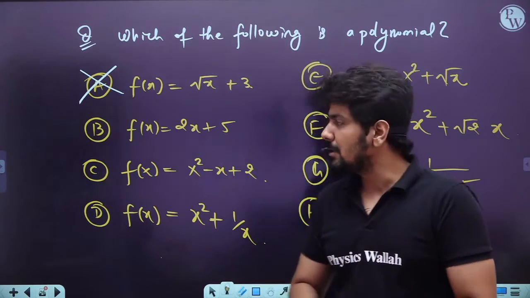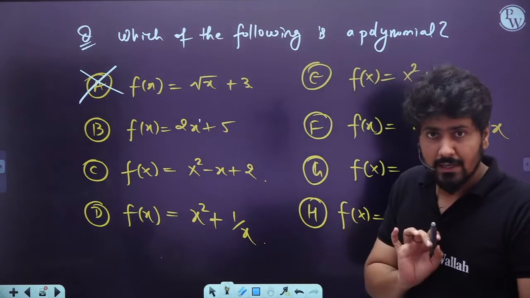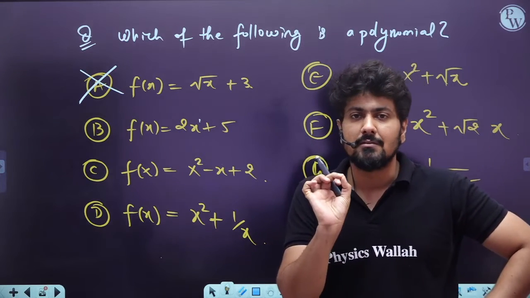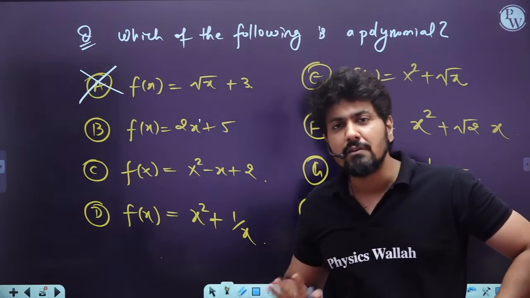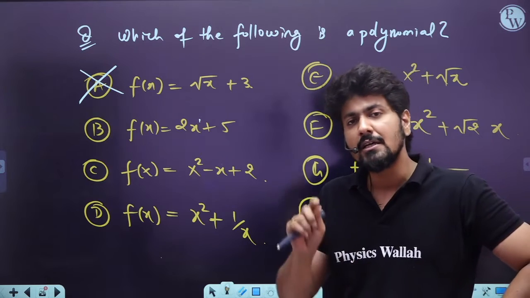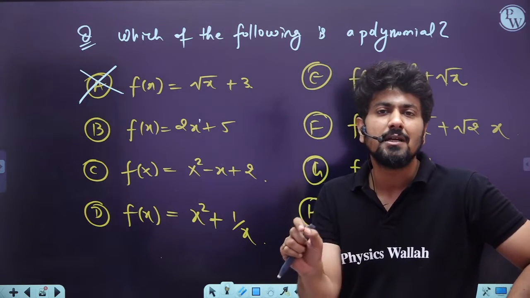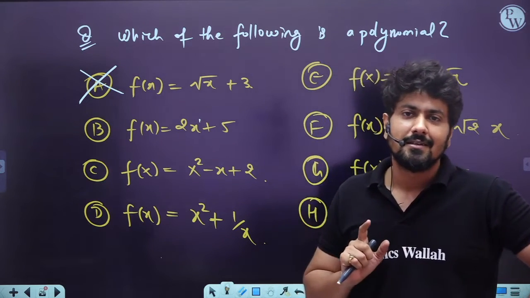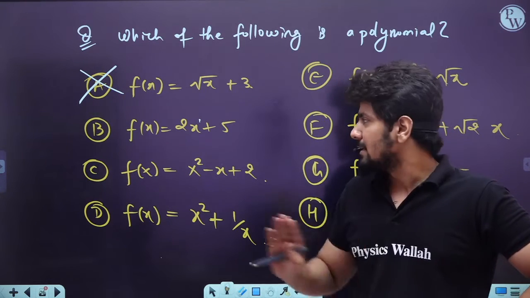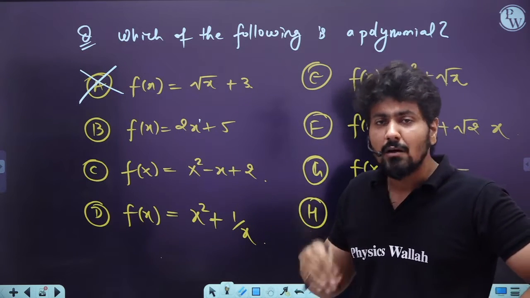Yes, this is a polynomial because the power of x is a whole number here. There is only one condition for a polynomial: the power of the variable should be a whole number. That's it, we are not worried about anything else. 2x plus 5 is a polynomial.